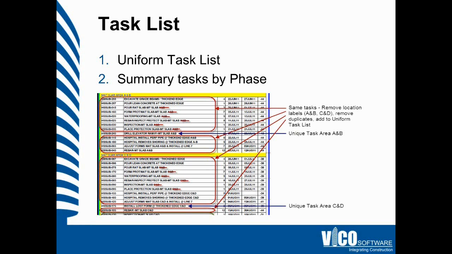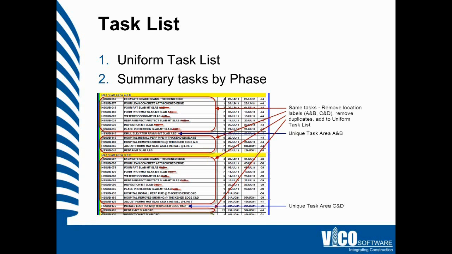So part of the process for defining your task list is to what we call delocationize your schedule, which is to take all of the unique activities by location and consolidate those into a uniform task list wherever they exist by location.